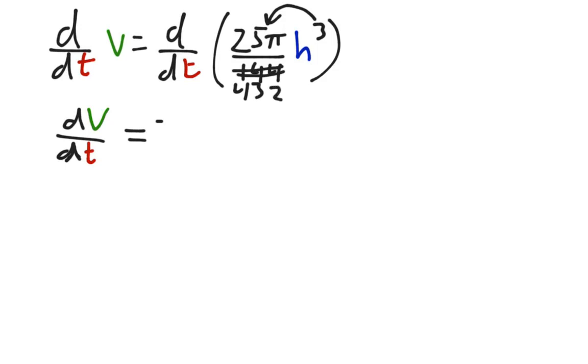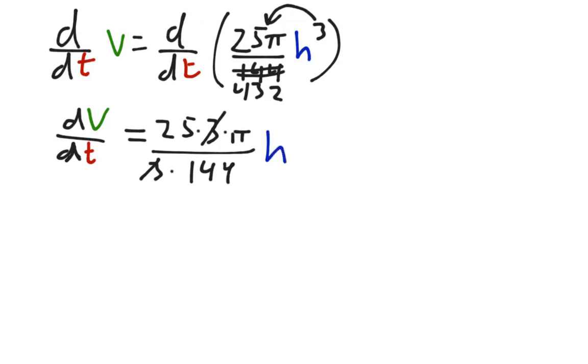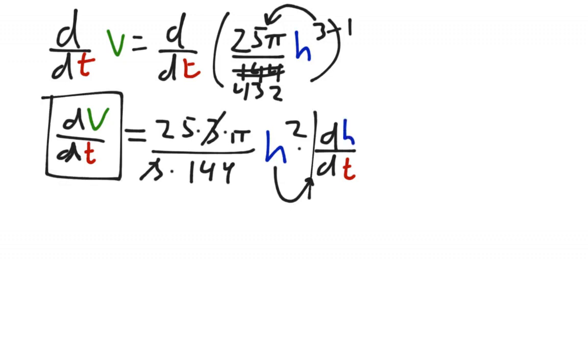We have 25 times 3 times pi divided by, well, the 432 is really 3 times 144. If you want to keep it like that, you can, because then the 3's just cancel. And then you have h squared, because we subtracted 1. And then, remember, the chain rule, d dt of h. So we have a dh dt. Do your quick check. Do you have a rate in each term? Yes, you do. You have dV dt and dh dt, so we're good.